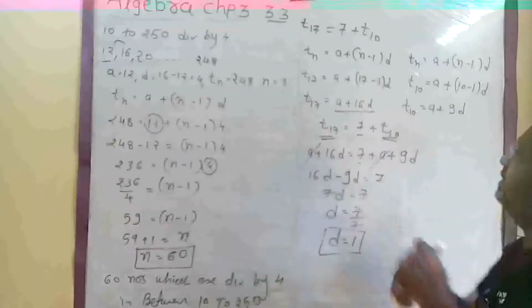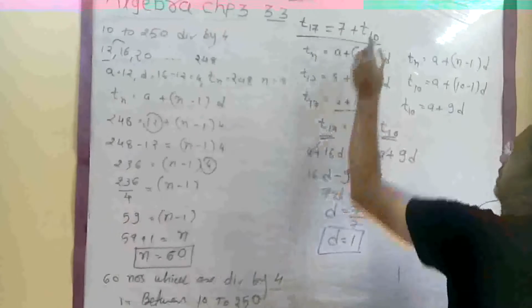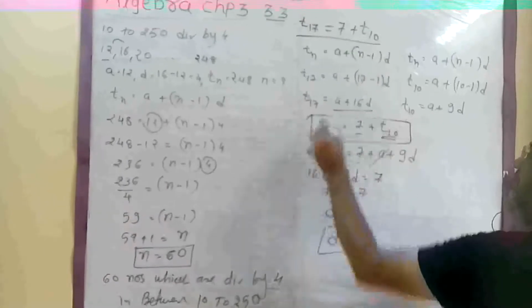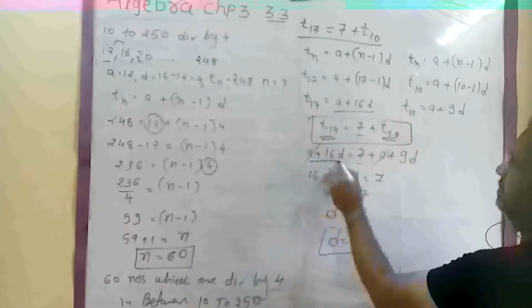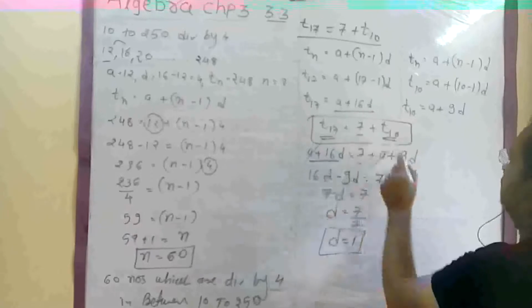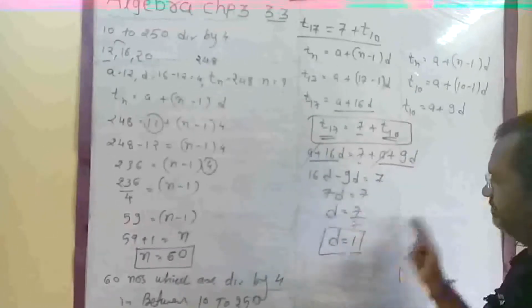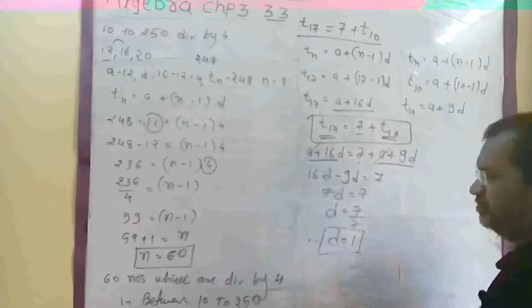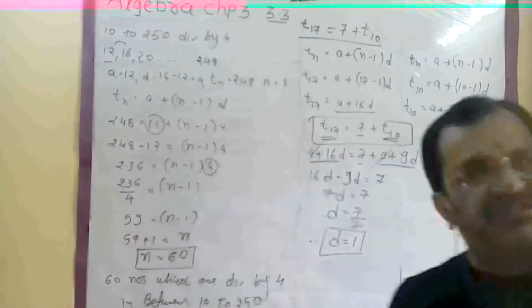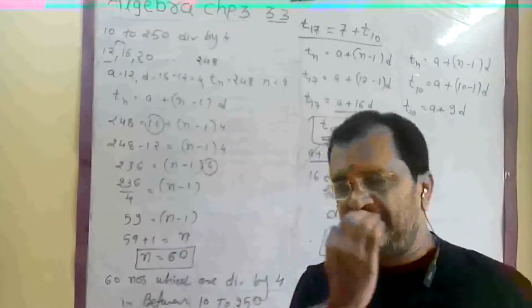Now I will write this condition again. A plus 16d, and A plus 9d, and this is 7. Now simplify. Therefore d is equal to, finally we want the difference.